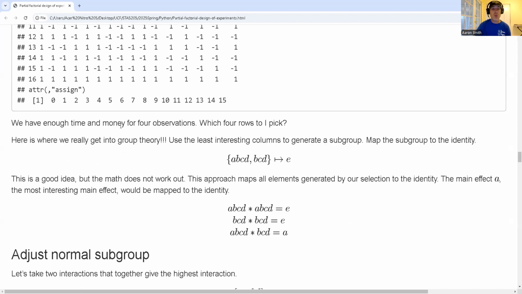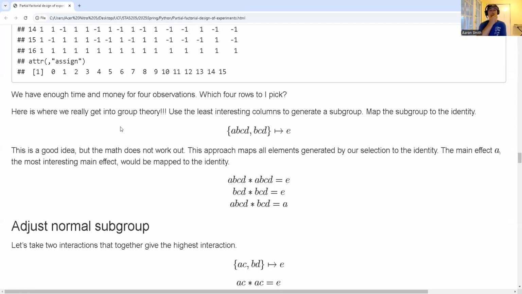All right, so let's go ahead and say, I want to do the partial factorial analysis. And you know what? Interactions are the least important. So I'm going to sacrifice the 4-way interaction and the BCD interaction also, which is a very reasonable thing to do, but you'd be making a mistake.